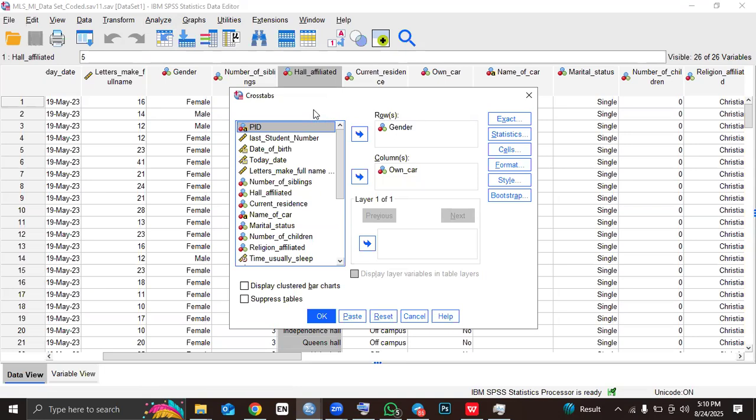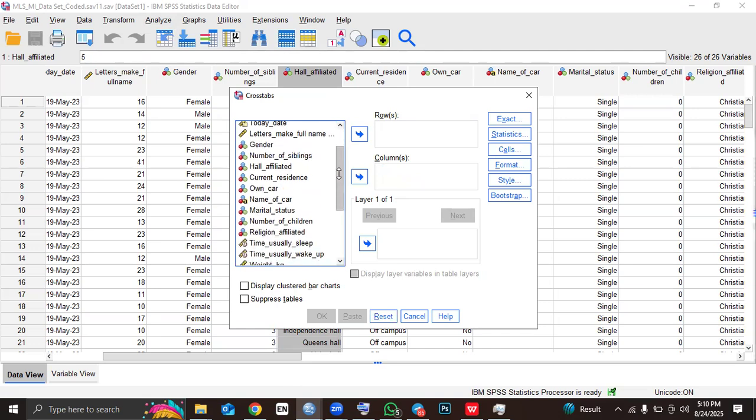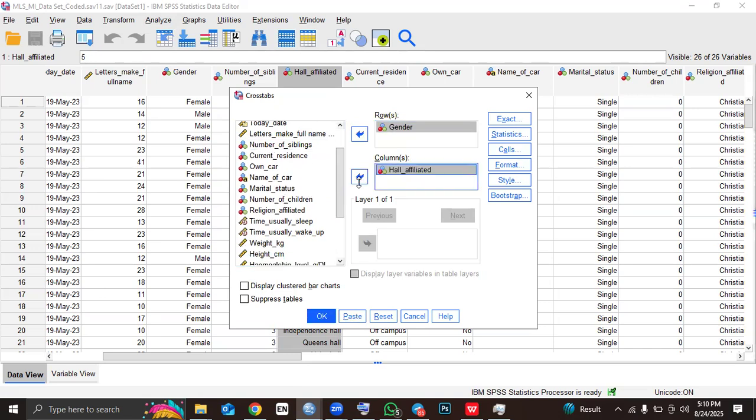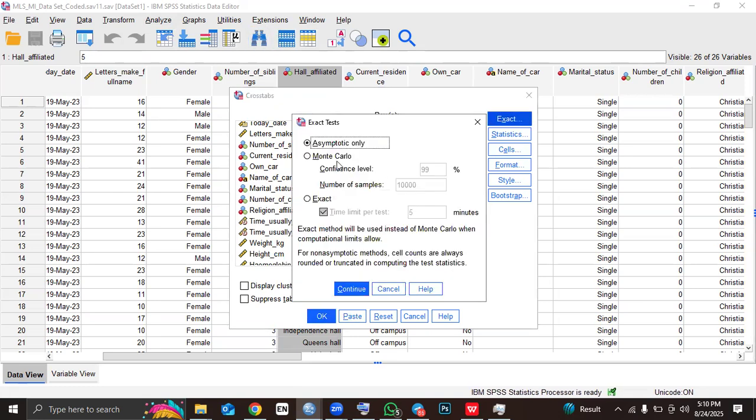Now from this window, we reset everything. We are going to move gender into the rows and hall of affiliation into the columns. Once we do this, please remember to go to Exact and make sure Asymptotic Only is ticked.